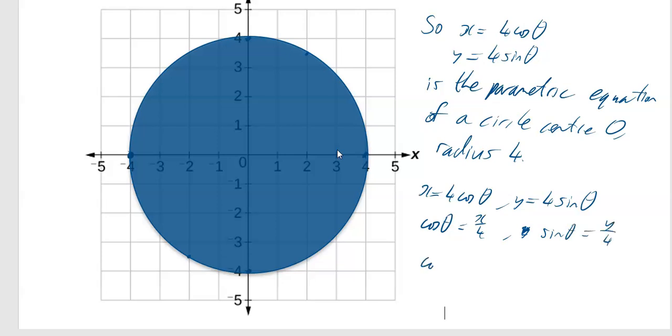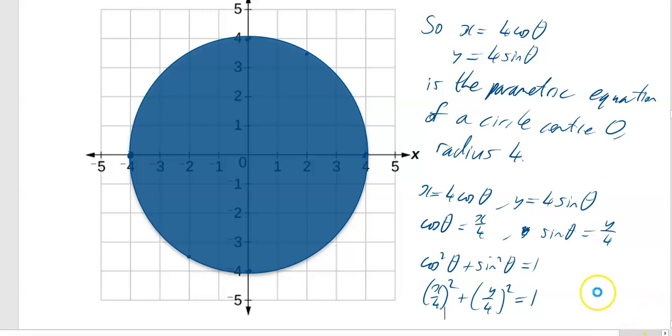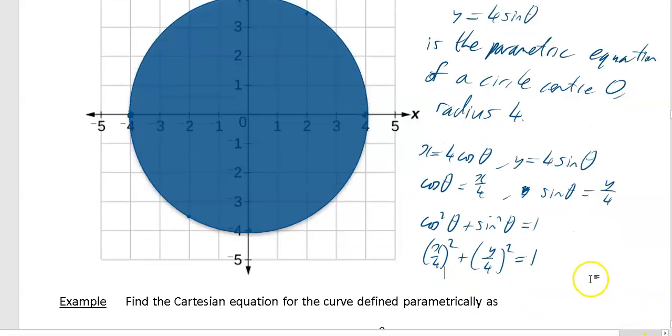Now you're going to use your wee identity that says cos squared plus sine squared is equal to 1. So in this case, that means x over 4 all squared plus y over 4 all squared is equal to 1. And then we could continue getting that into Cartesian equation. Square the top line, you're going to get x squared.